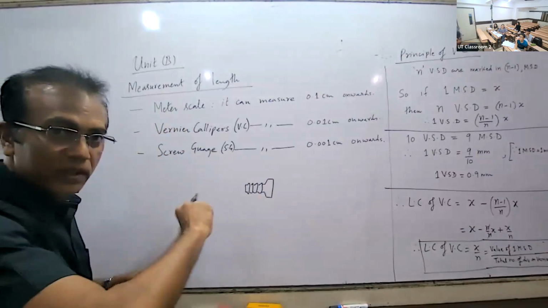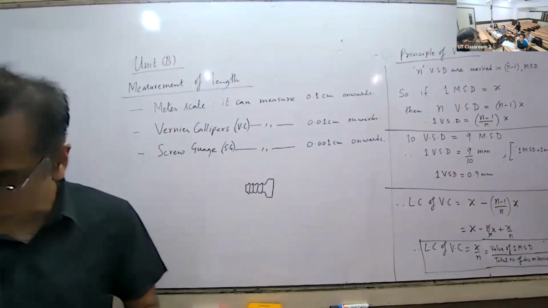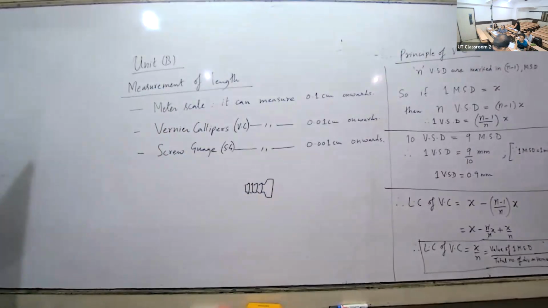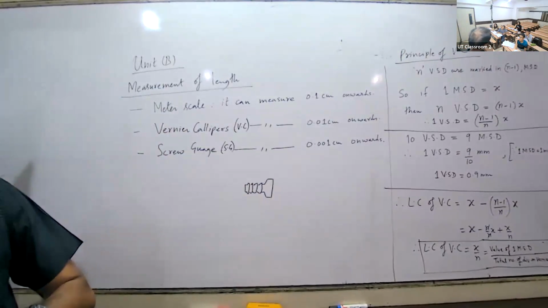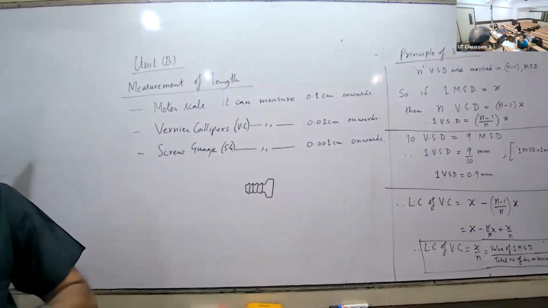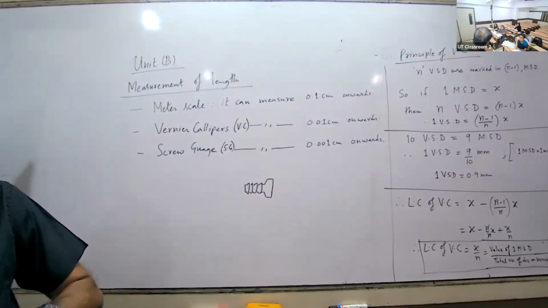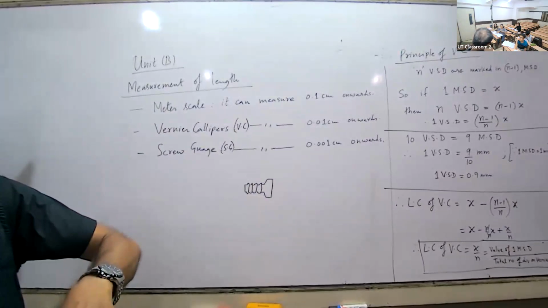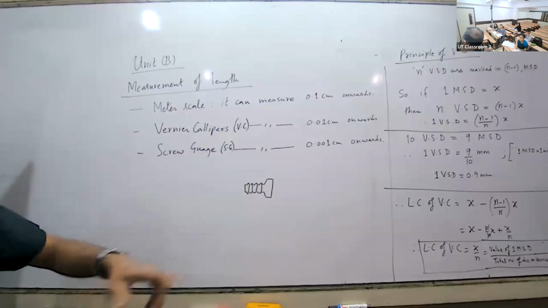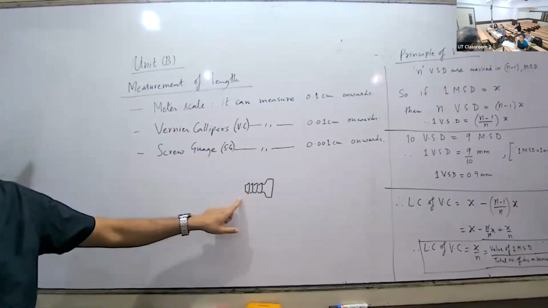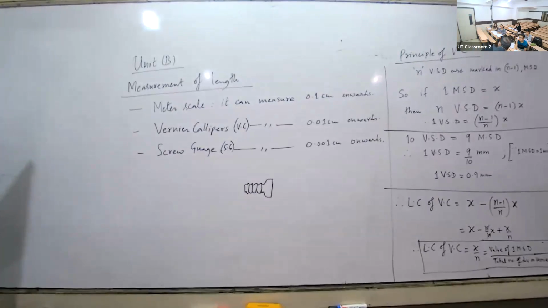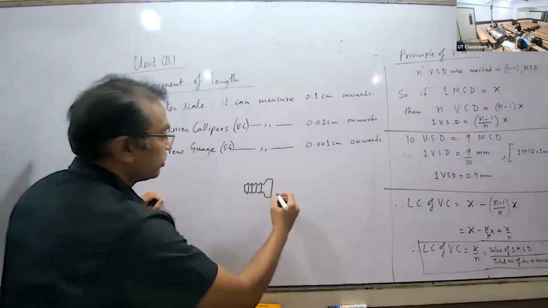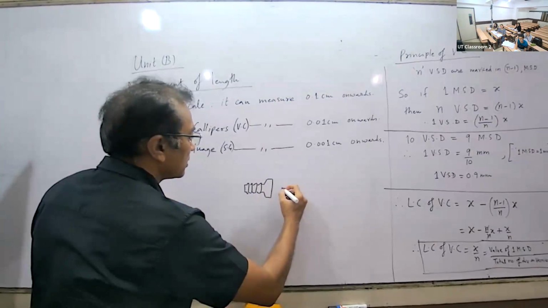So you understand what a thread is, right? These are the threads of the bolt. There is a dip and peak, dip and peak. When I rotate it by one turn, it moves by one thread. So if I rotate it by one full turn, let us say like this.